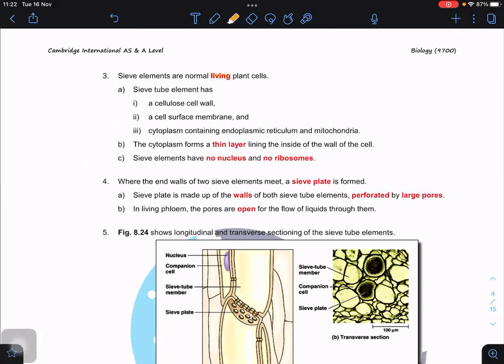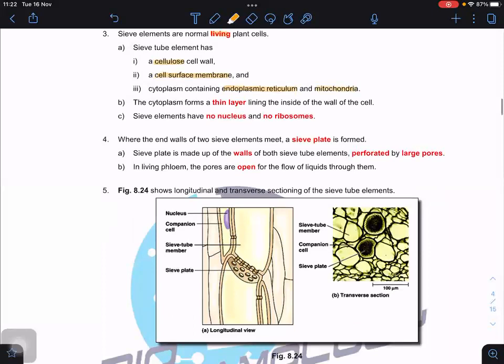They have a cellulose cell wall, a cell surface membrane, endoplasmic reticulum and mitochondria, but only as a thin layer, with no nucleus and no ribosome. This is very important because the nucleus is quite large, so this reduces the resistance for mass flow. Because we want to transport, we want to increase the rate.